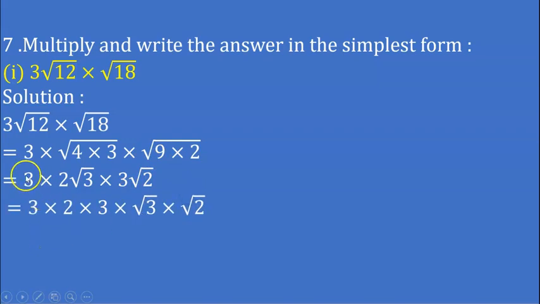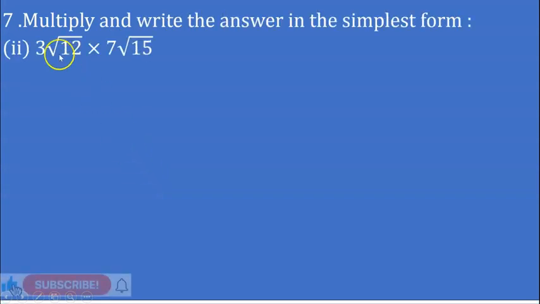Next multiplication: 3 into 2 into 3 is 6 into 3, 18, root 3 into root 2. Root 3 into root 2 means root of 3 into 2, that is root of 6, and that equals 18 root 6.